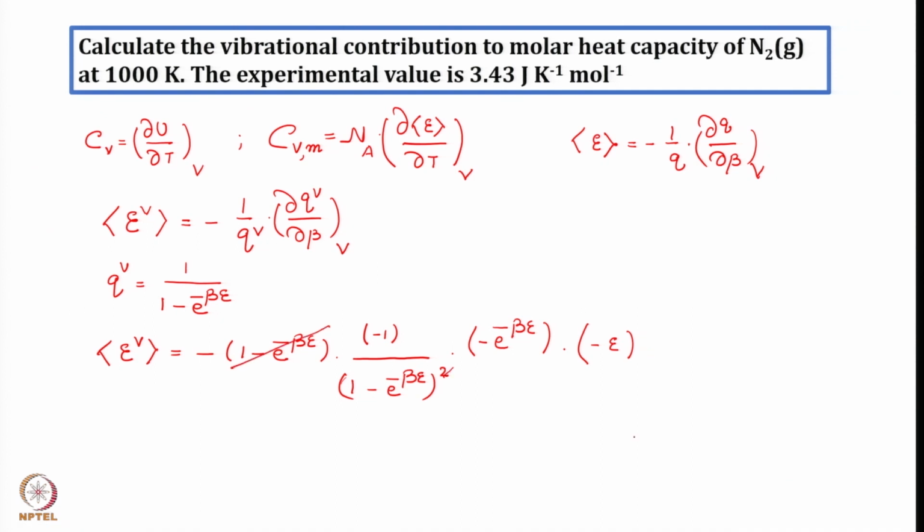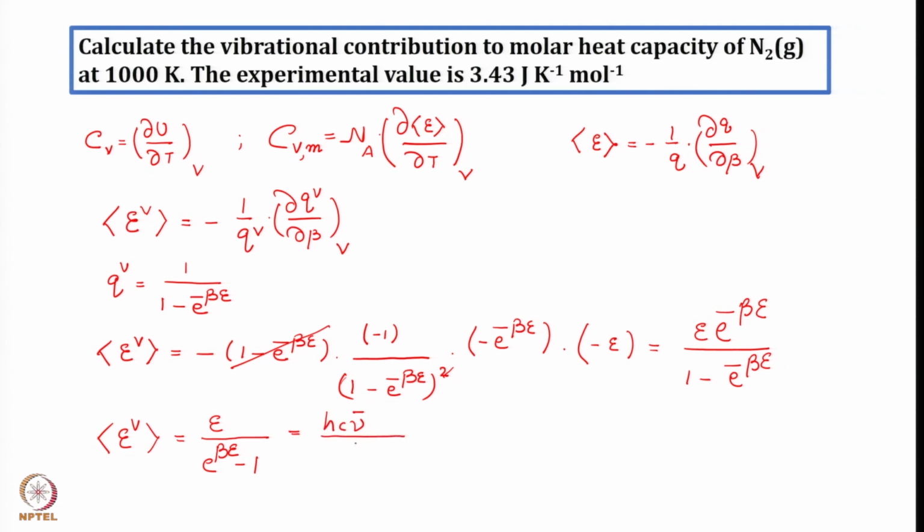This is cancelling with this, and we have E exponential minus beta E over 1 minus exponential minus beta E. I can write this again as E over exponential beta E minus 1, which is equal to h c nu bar over exponential h c nu bar by kT minus 1.